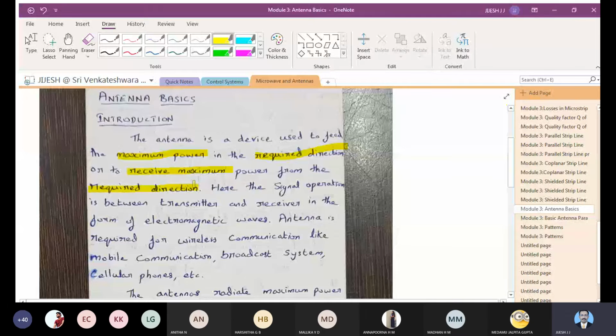Here the signal of operation between the transmitter and the receiver is in the form of electromagnetic waves. An antenna is required for wireless communication like mobile communication, broadcast systems and cellular phones. So you can just note down this part.